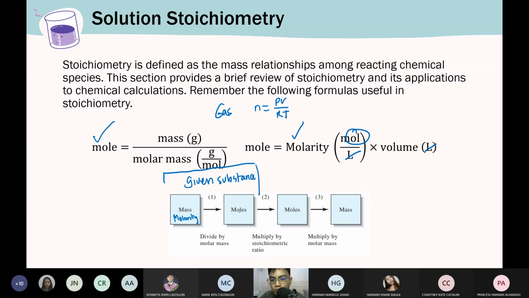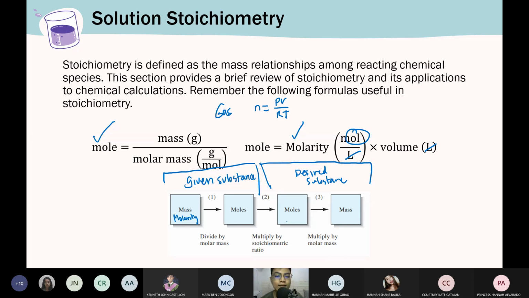Then once you have the mole of your substance, you have to convert it into the desired substance. Okay? Pakialala uli yung mga na-discuss last time. So, from mole of the given, you get the mole of the desired. And once you have the mole of the desired, you can get the mass if needed, no? Kung kailangan. Do you get that? You just multiply it by the molar mass.